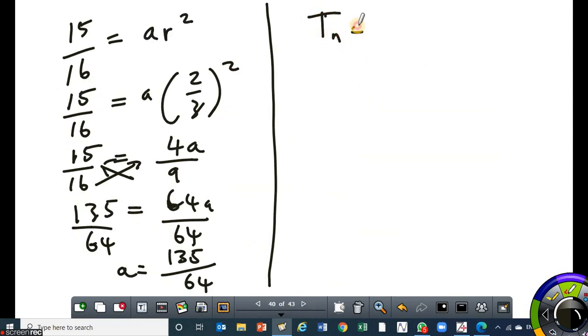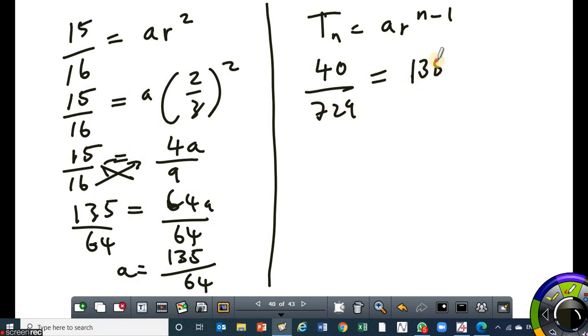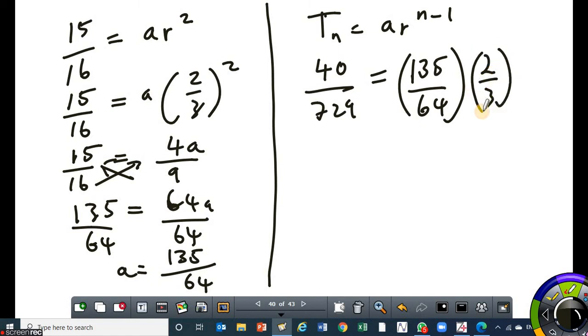So right here, Tn equals a times r to the power of n minus 1. Then you put 40 over 729. What is a? That is 135 over 64, times the common ratio, that's 2 over 3, raised to the power of n minus 1.